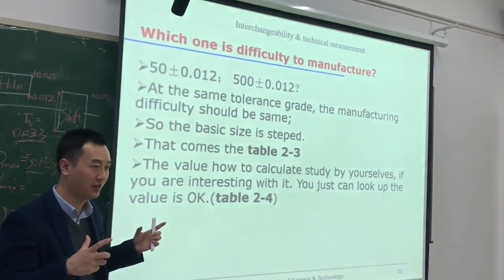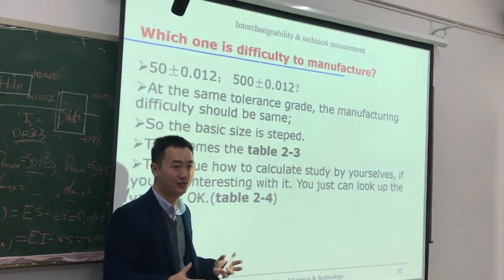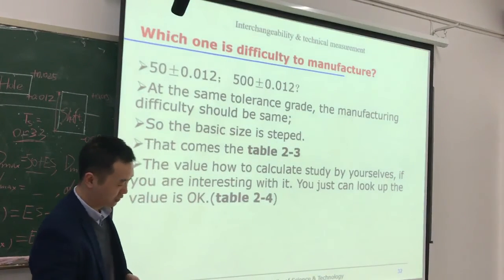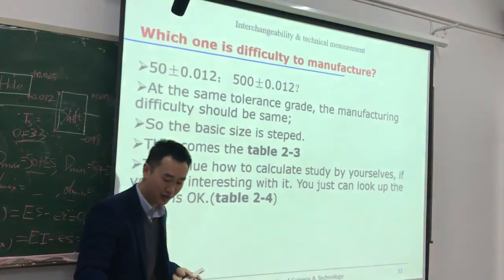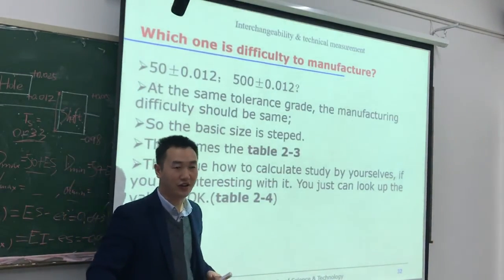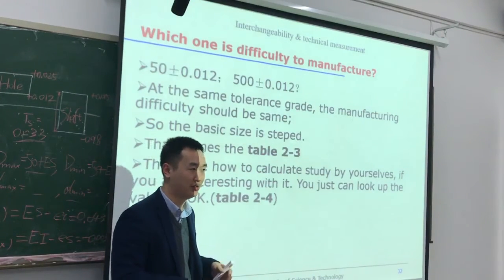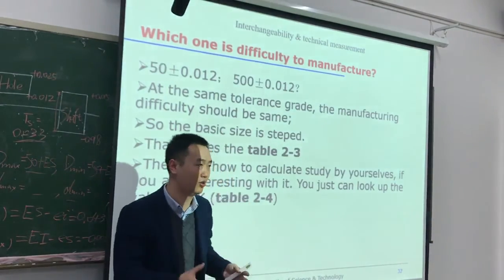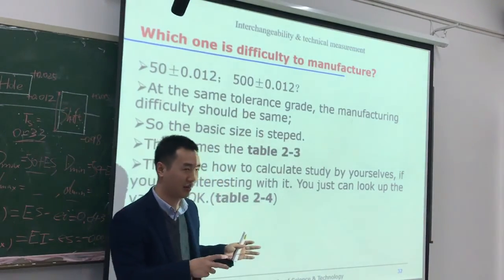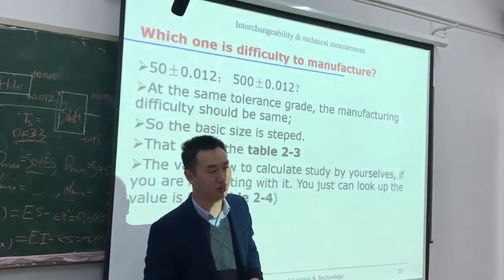The size is bigger, then the tolerance is bigger. This is just like when we learned about the preferred values. There is a theoretical calculation. We can just get the common ratio and calculate one by one. We can get the preferred value series.